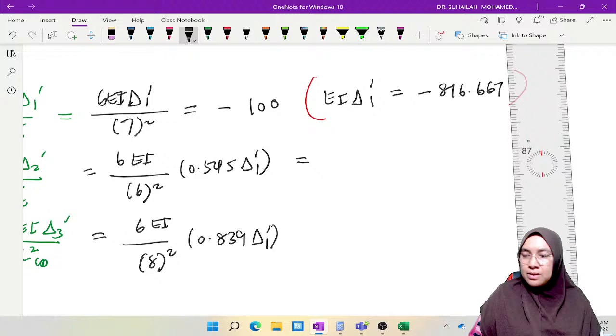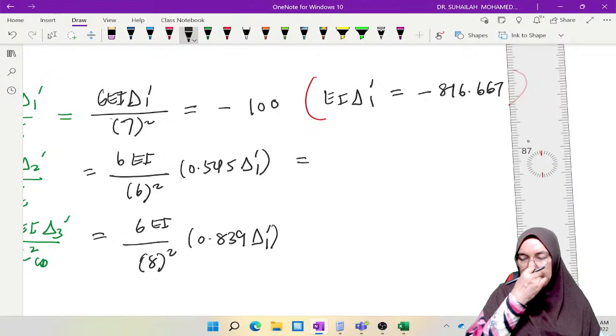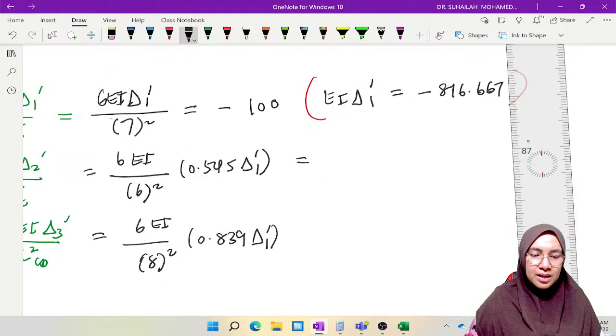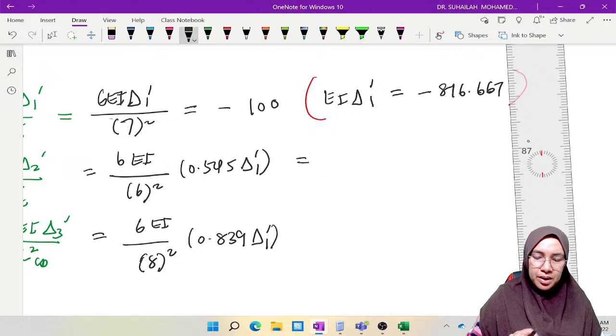This is 6 divided by 6 square times 0.545 times 816.667.